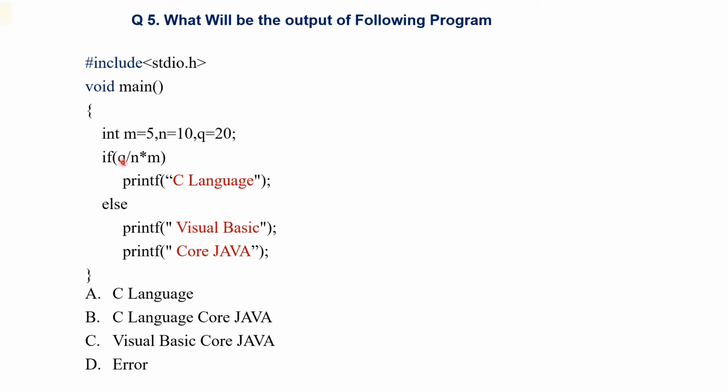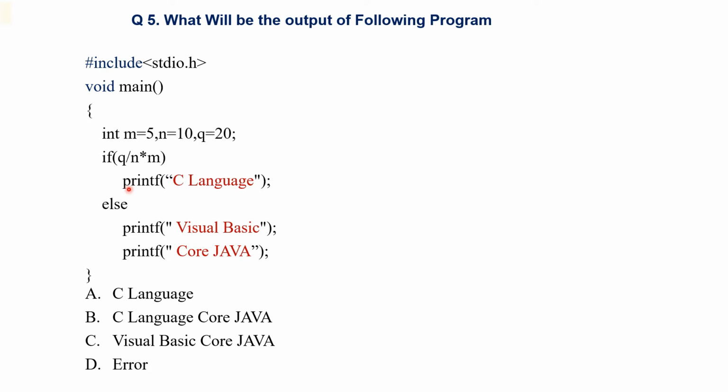So as this value is 10, it will be considered as a true value, because we know that every non-zero value will be considered as true. So hence, as the condition is true, the next statement will be executed. So that is, this statement will be executed, because of which the string C language will be displayed.